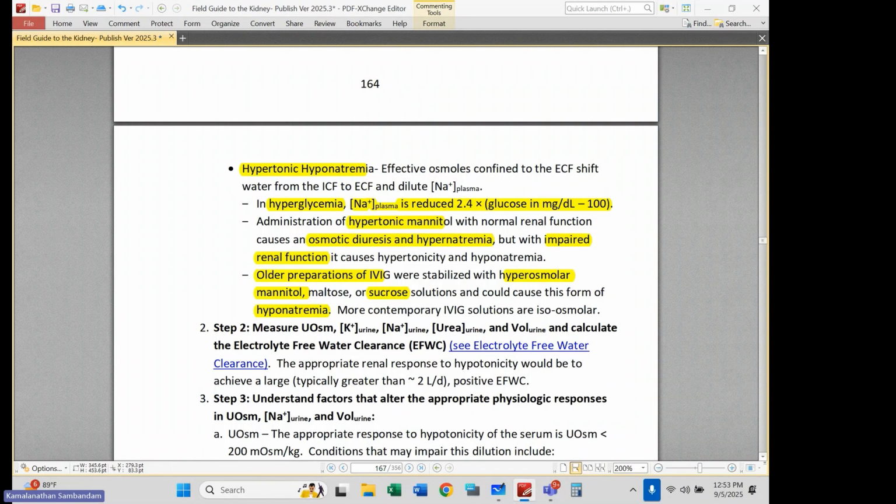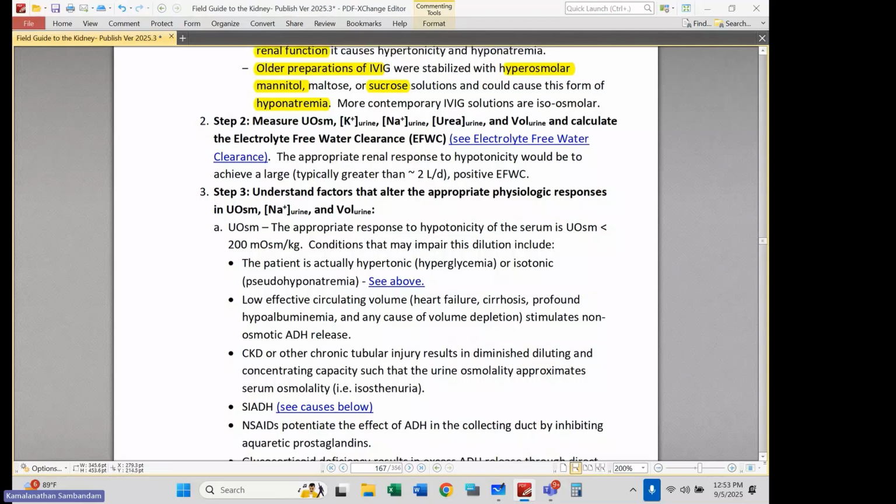These days, most IVIG that we are giving is isoosmolar because of a risk of osmotic nephrosis or an acute kidney injury from the administration of hypertonic solutions, IVIG being one of those.